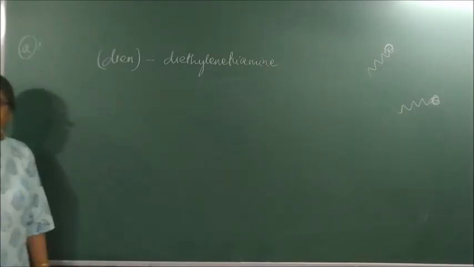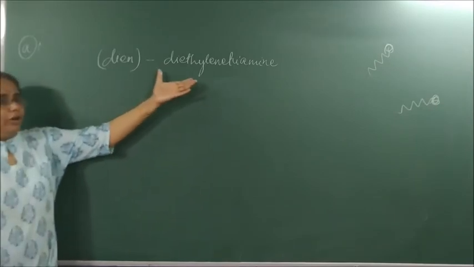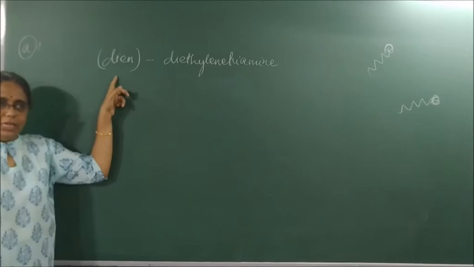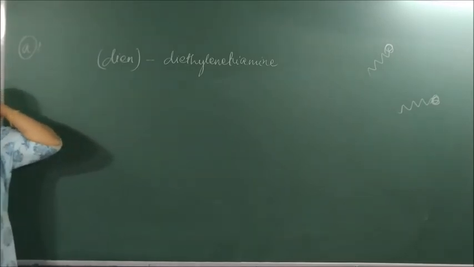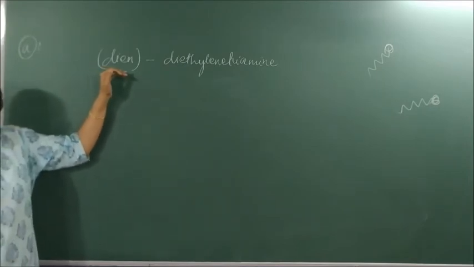Abbreviated as what? DIEN. Abbreviations are important because when you write a formula, they will not write the whole name. They will use DIEN. When you are writing ethane 1,2-diamine, they will use only EN. So you should be able to understand. Wherever abbreviations are required, I have taught you.